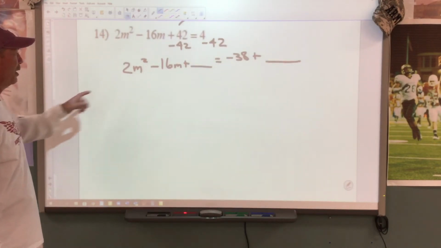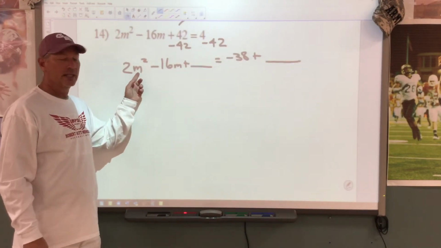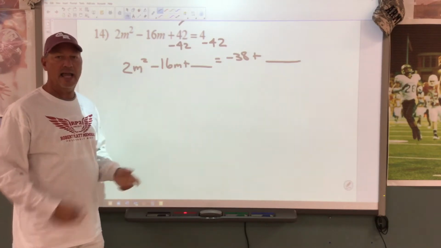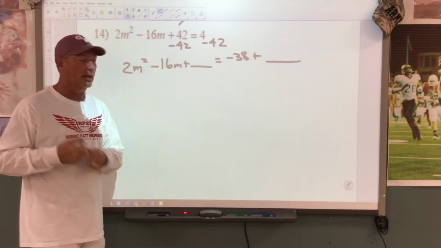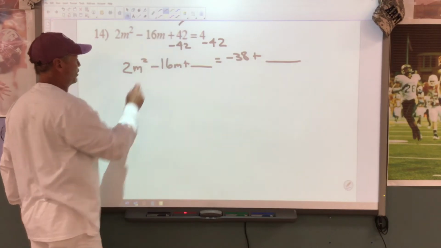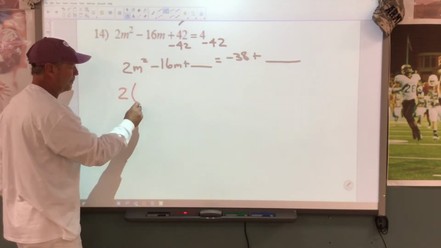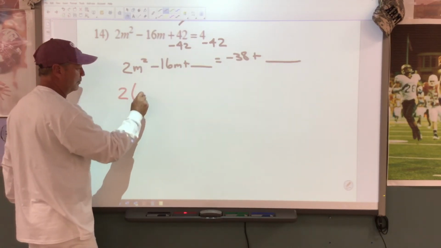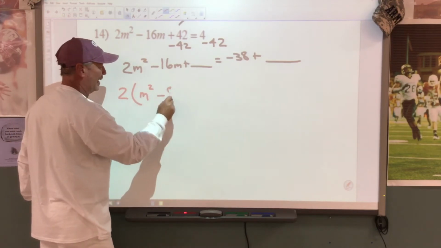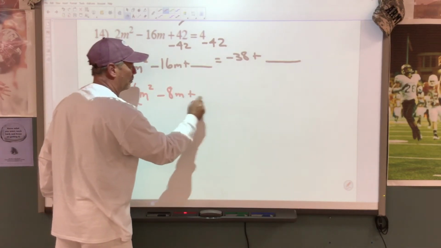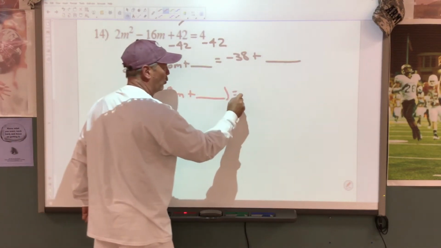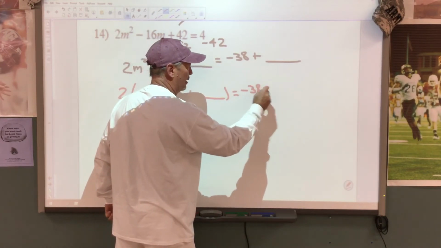But if you remember, I cannot leave this 2 next to my variable squared. I have to factor that out. So what I'm going to ask you to do is factor the 2 away. That's going to leave me with m squared minus 8m plus blank equals negative 38 plus blank.